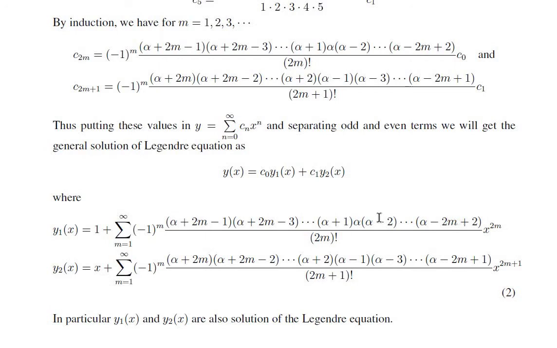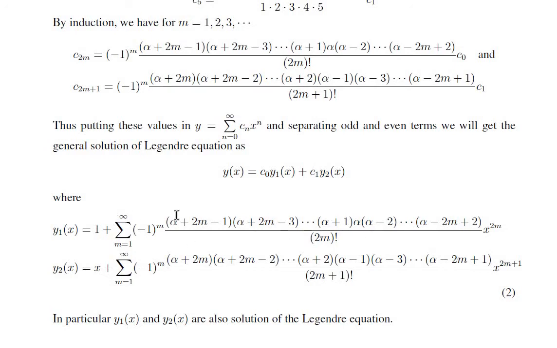So if we take alpha as a natural number, and when alpha is even, this term will become 0 after a few terms, because if alpha is 4, then up to alpha into alpha minus 2 will be there, and then the term alpha minus 4 will be 0.